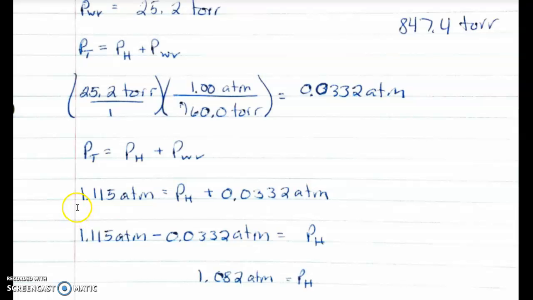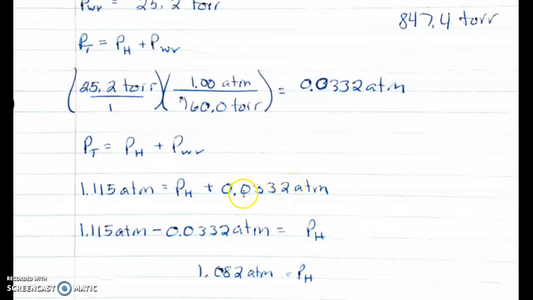And so once we have the correct units, we plug it into Dalton's law. So the total pressure, 1.115 atmospheres, equals the partial pressure of hydrogen plus the partial pressure of water vapor, which in atmospheres is 0.0332 atmospheres, and we simply subtract that 0.0332 atmospheres from both sides.